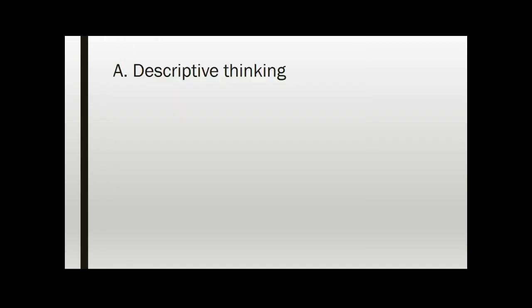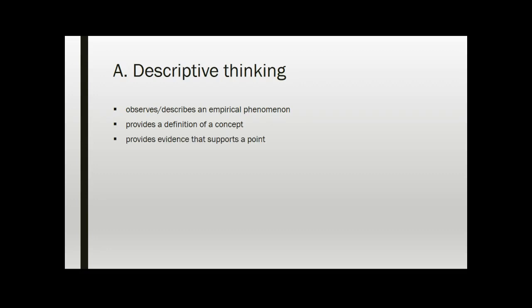What we want to do here to help you prepare for this assignment is to make clear a distinction between what I'm calling descriptive thinking and analytical thinking. Let's talk first about descriptive thinking. So descriptive thinking often observes or describes an empirical phenomenon. When one provides a definition of a concept, that is descriptive thinking as well, or to provide evidence that supports a point.